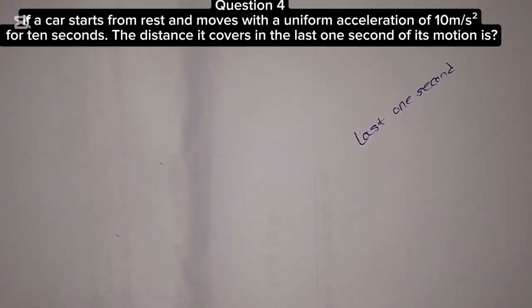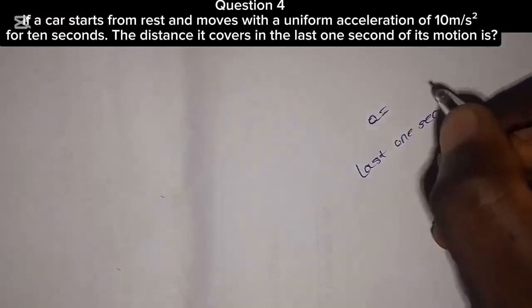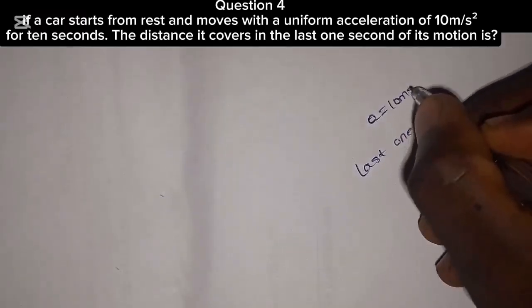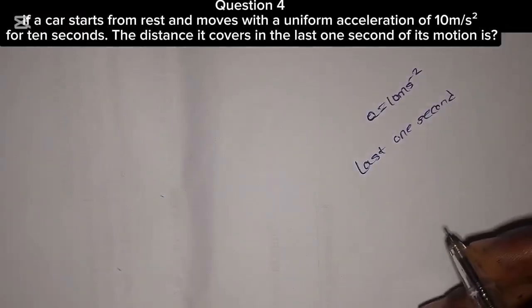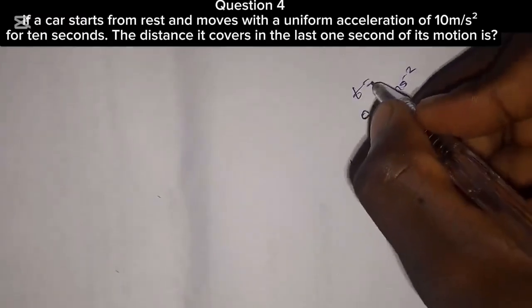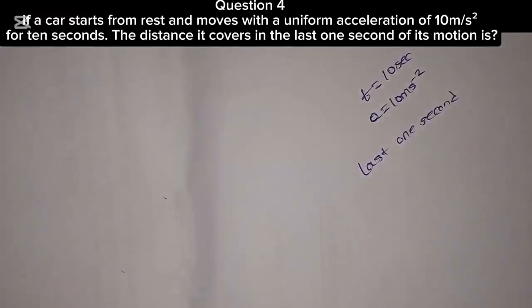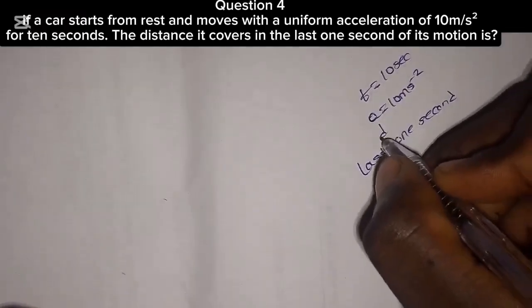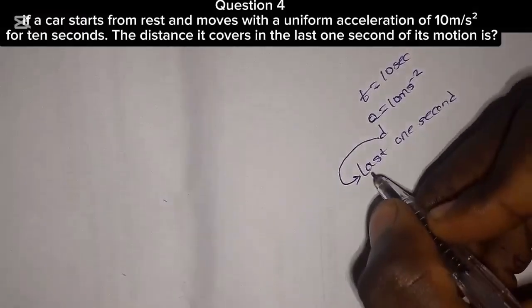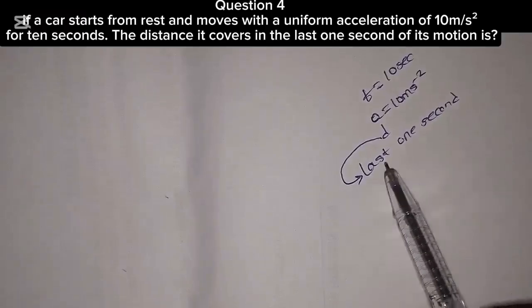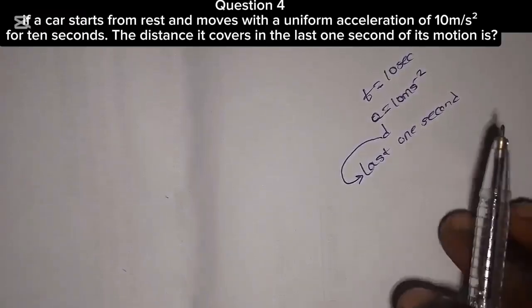If you look at the question, they should calculate the distance. They gave us acceleration to be 10 meters per second squared. They gave us time to be 10 seconds. They should look for the distance in the last 1 second.